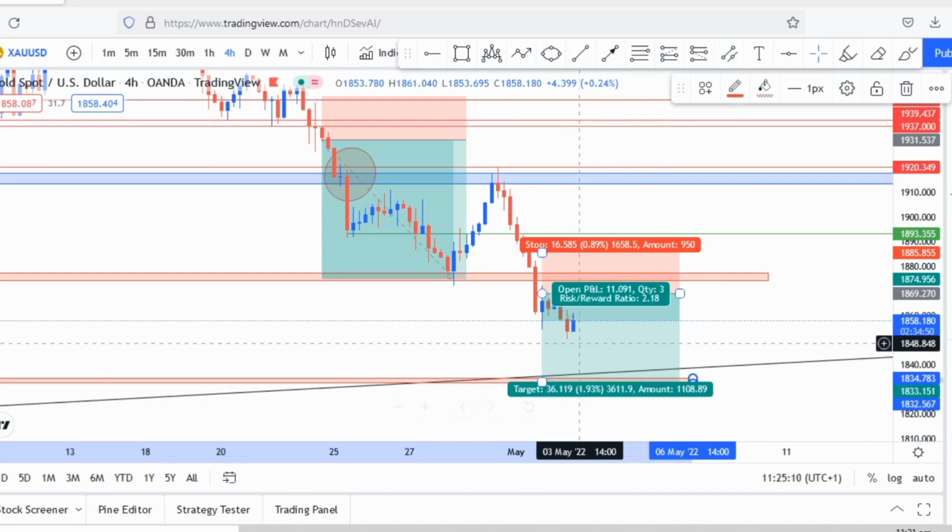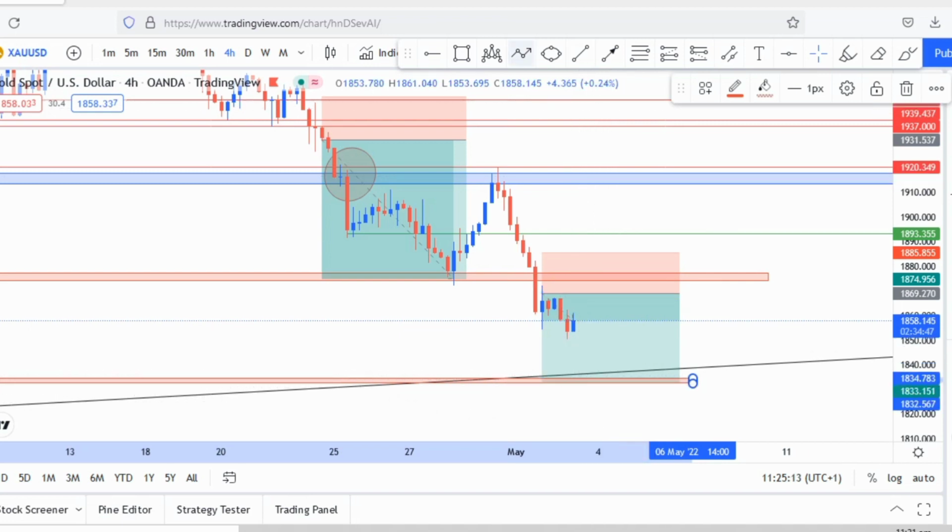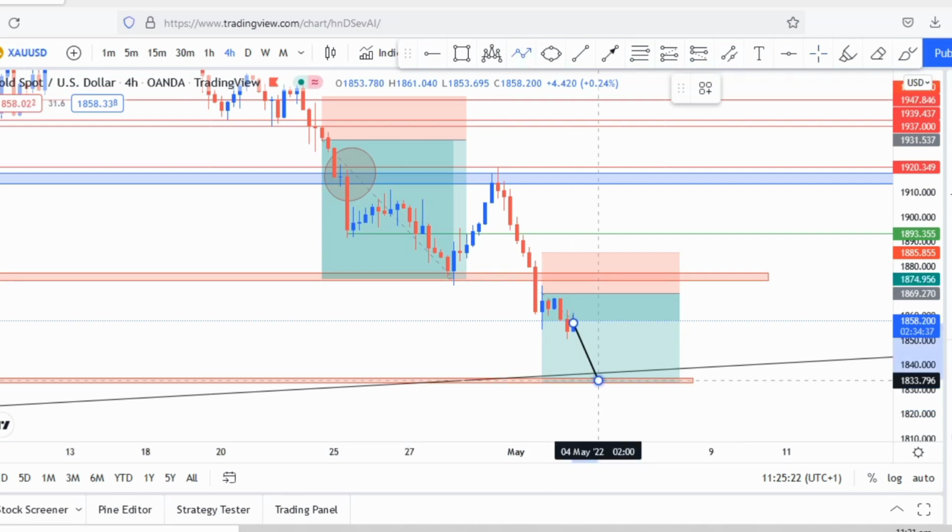If price is able to get to this 1833 area or the trend line, then we can look to see how price reacts to this area. It's either price bounces off that area or price breaks through it.